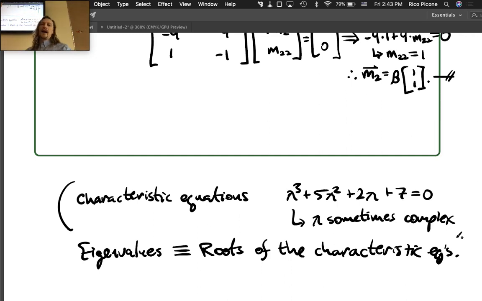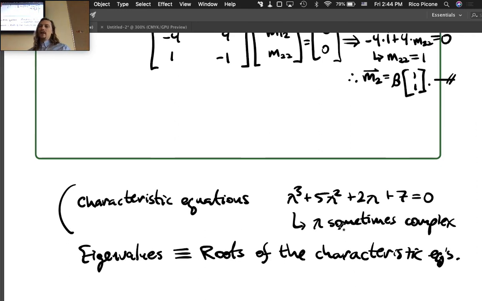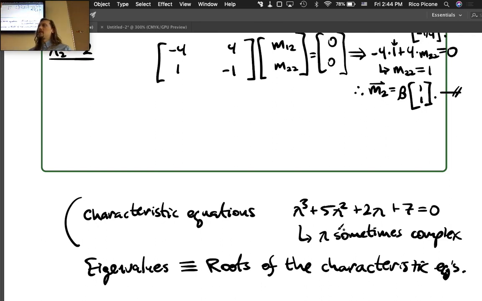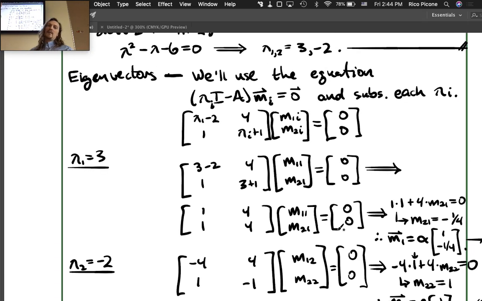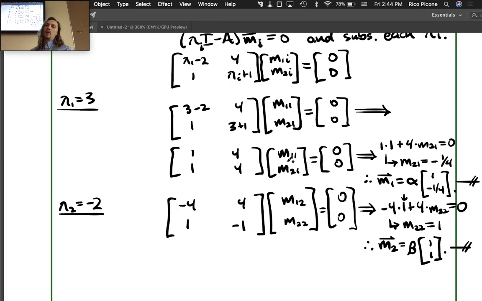When we have eigenvalues that come out complex sometimes, it's totally valid. It just means that when we find the solution, we're going to have oscillations, which is the defining aspect of having any imaginary part to your roots or eigenvalues. And in this context, the eigenvector components M11, M21, M12, M22 are going to show up as complex as well.